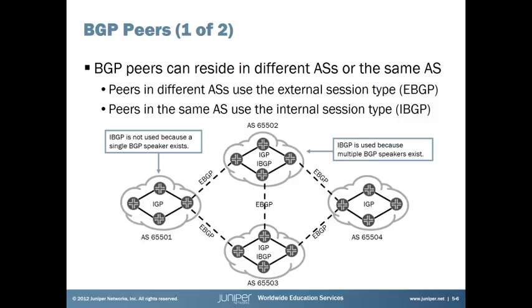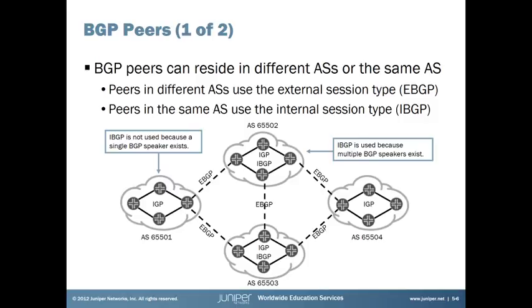And that's what's known as a recursive lookup. So it says, okay, I need to send a route. I have a peering arrangement with this peer. I'm going to be sending a routing update to that peer. I'm not directly connected to it. How do I get to it? It looks into its routing table, which has been populated by the IGP, and finds the next hop route to that particular peer.